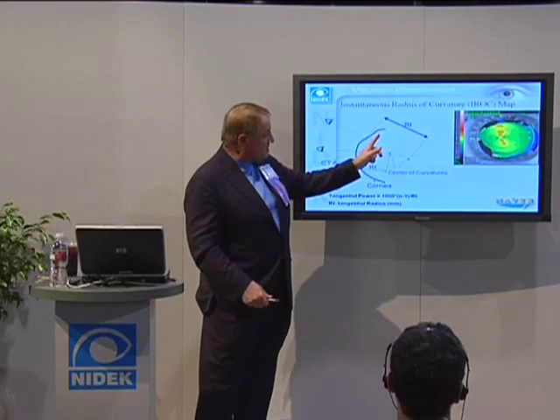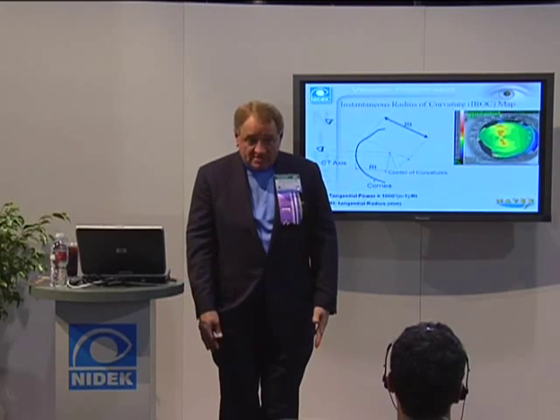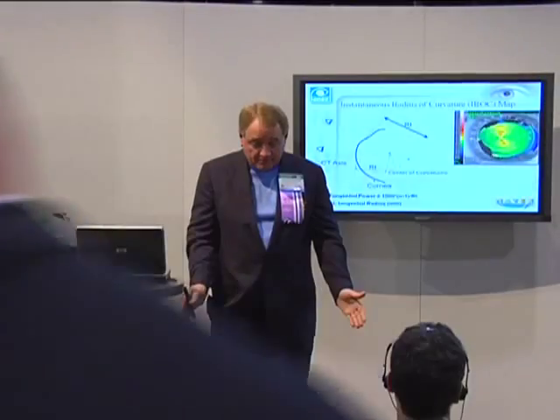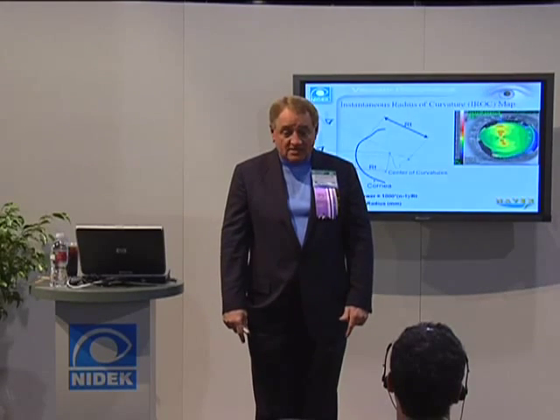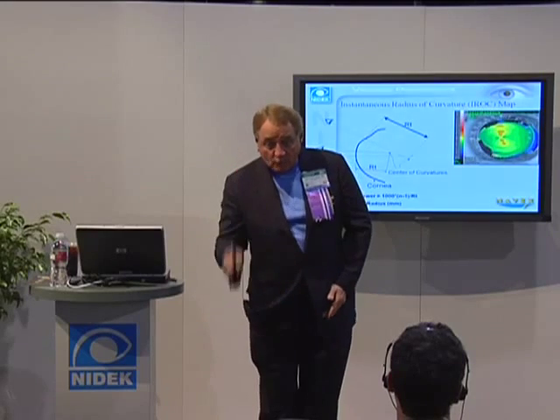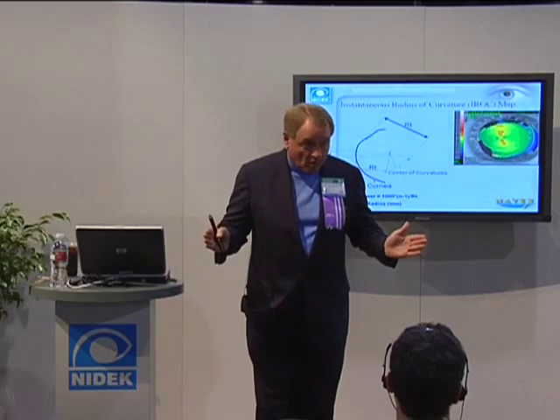This little bump right here has a radius right here. So if I'm standing on the top of the Earth and I'm 4,000 miles from the center, and I put a little 10-foot dome right here, and I stand on top of that hemisphere, I'm now 4,000 miles and 10 feet, but the radius of that dome is 10 feet. It goes from 4,000 miles to 10 feet. Shows up as a big red mark.